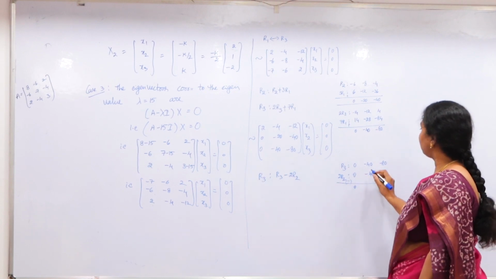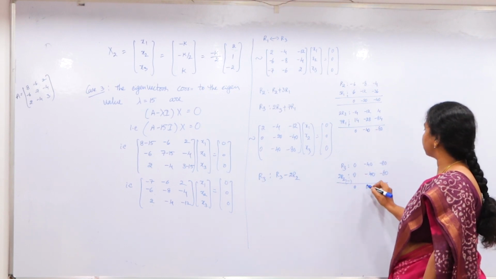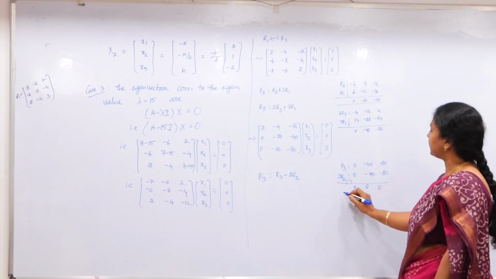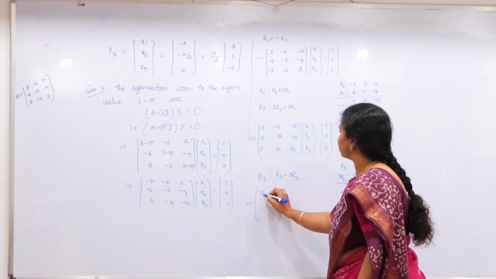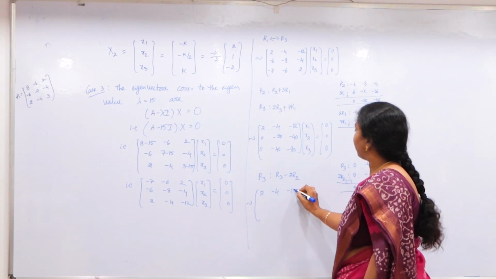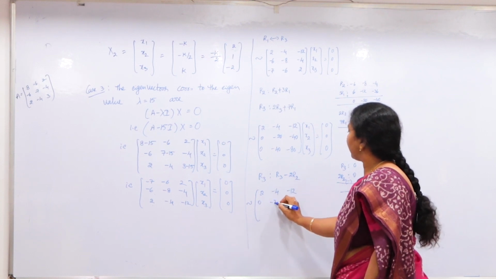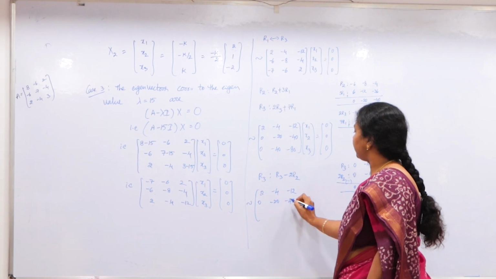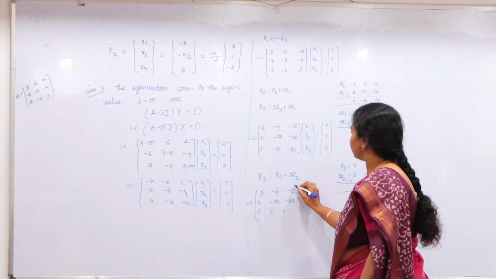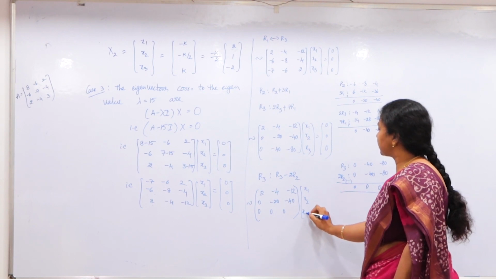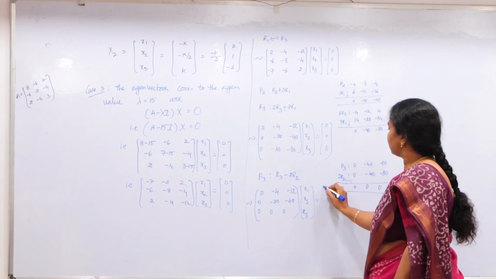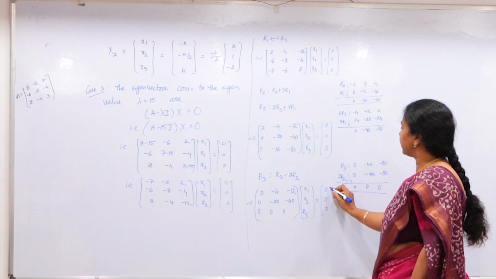Subtraction, 0, minus 40 plus 40, 0, minus 80 plus 80, 0. So, third row becomes all zeros. 2, minus 4, minus 12; 0, minus 20, minus 40; 0, 0, 0, into scalar matrix x1, x2, x3 equal to null matrix 0, 0, 0.